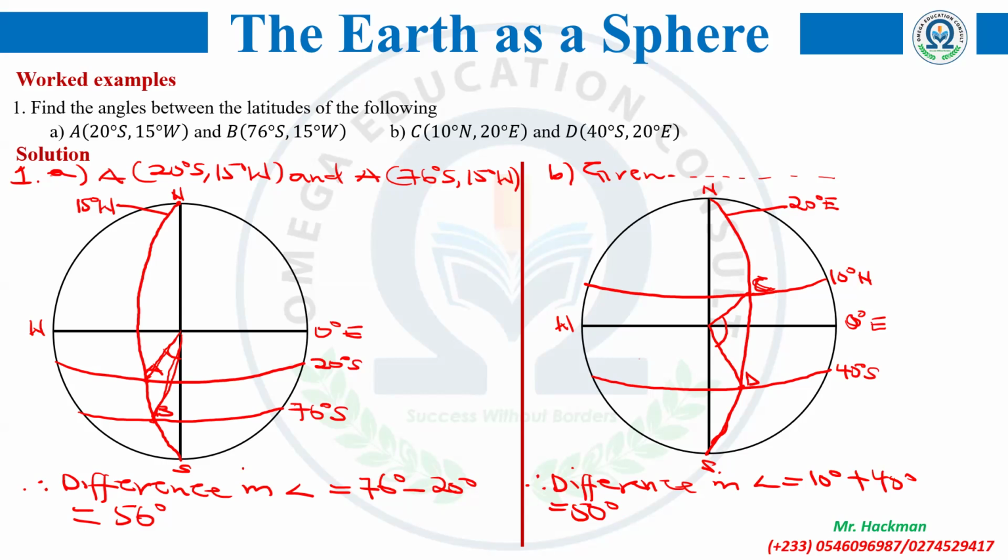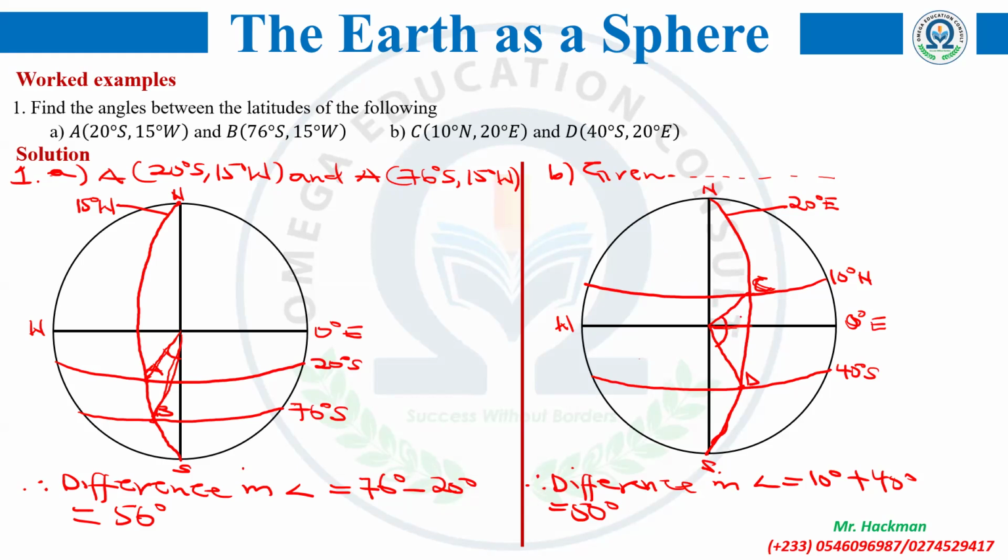Point well made. And the reason why I had this diagram done is for you to know the concept behind adding when they are in the opposite direction, and subtracting when they are in the same direction. So let me start from the opposite direction. You can see that this angle here is the angle that you moved from this line to get your C. So from here to the C is 10.